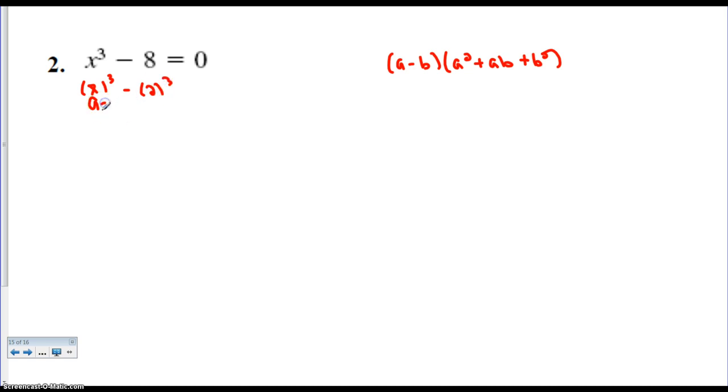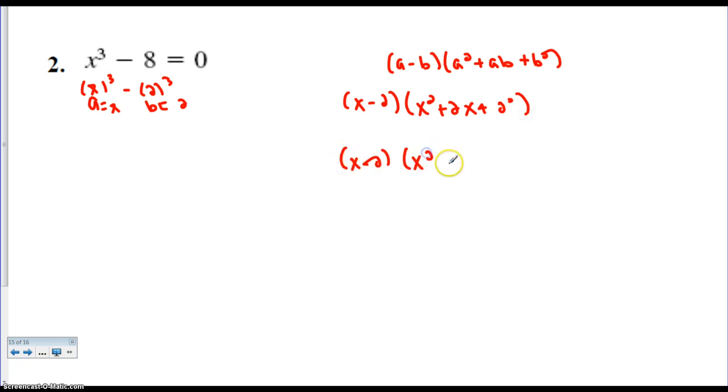So a is x, and b is 2. So I have x minus 2, and then I have x squared plus 2x plus 2 squared. So it's x minus 2 times x squared plus 2x plus 4.